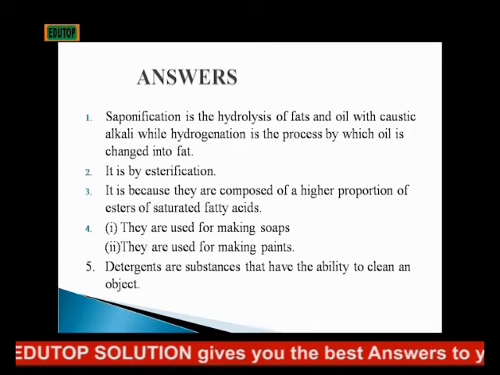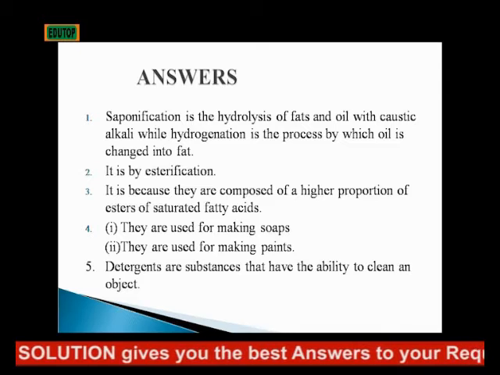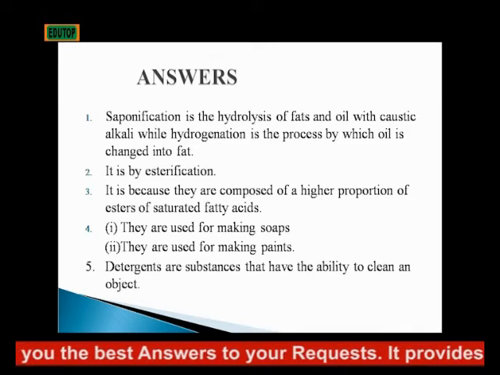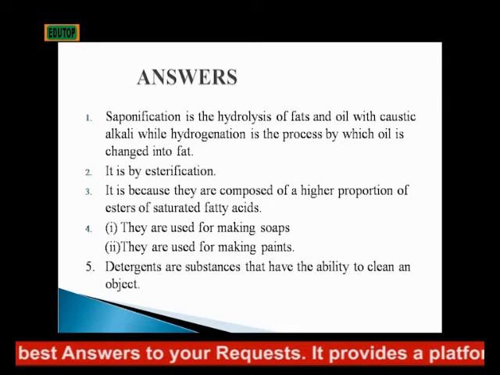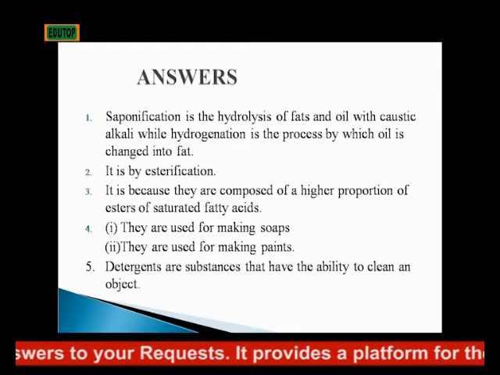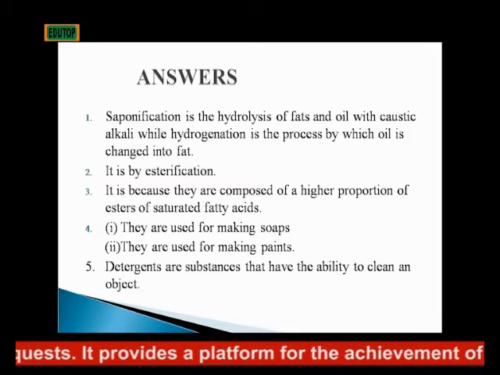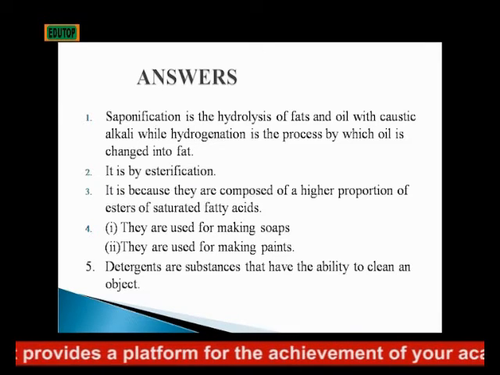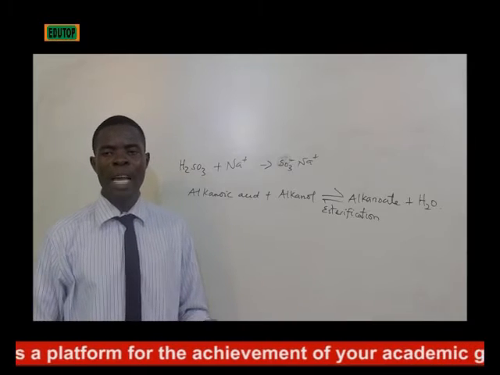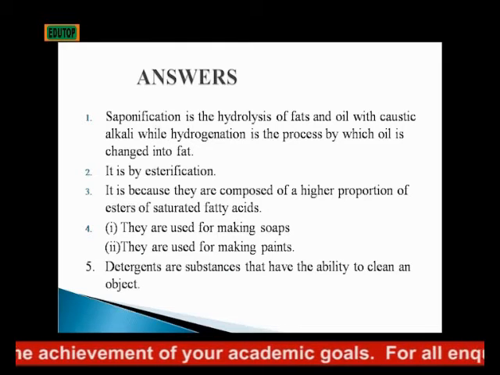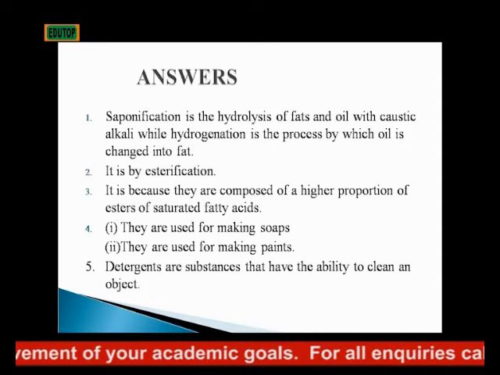Why does fat have a higher melting point than oil? It is because fats are composed of a higher proportion of esters of saturated fatty acids, and that is the difference between fat and oil. Question number four, mention two uses of fats. One, they are used for making soaps.